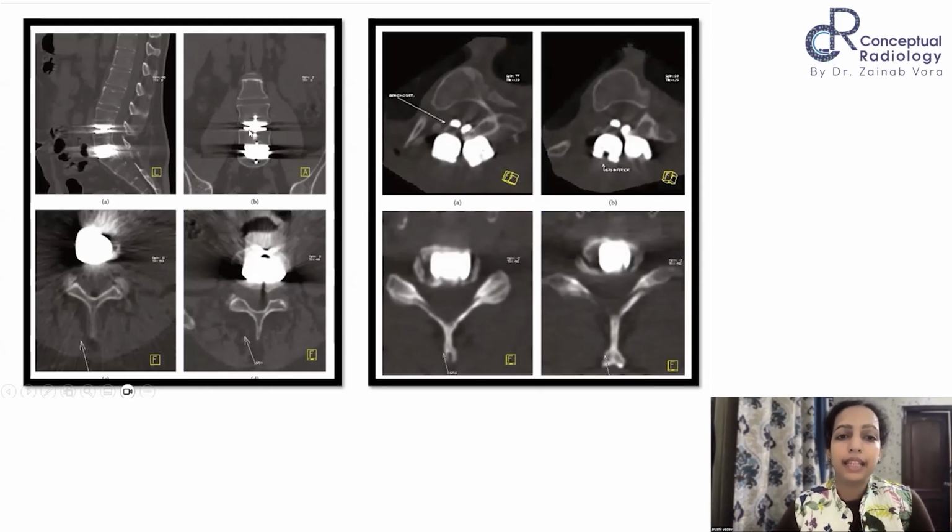And this is like a stainless steel implant. On the contrary, this is a titanium implant. So titanium, tantalum, these are the ones which cause lesser streak artifacts, right? Relatively more image friendly as compared to the stainless steel artifacts. But yes, they are more expensive. So the incidence of encountering them might be less.